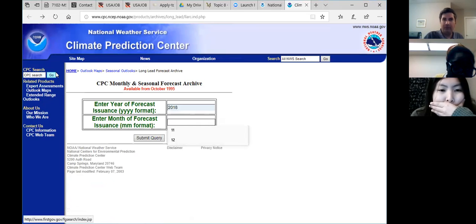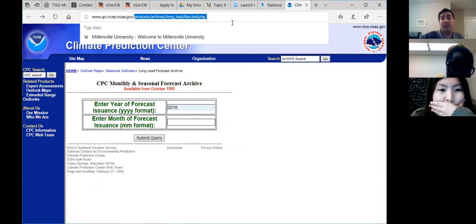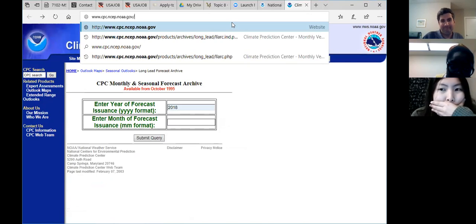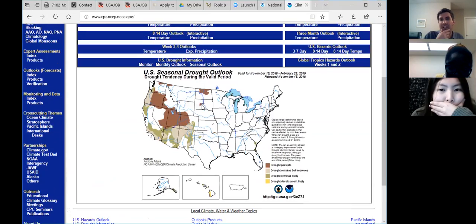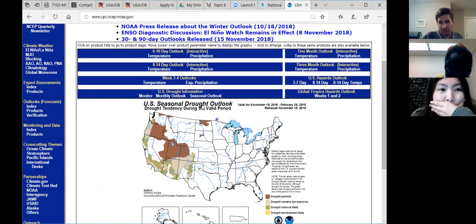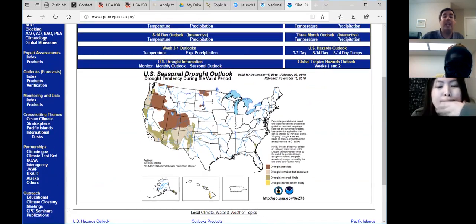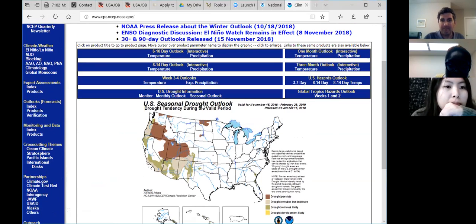So get rid of all the folders there, CPC, NCEP, NOAA.gov, and it'll be the forecast that's on the page right now. Okay. Yep, under 1 month outlook and 3 month outlook temperatures, those should be for December and December, January, February. Nice. So we can also use this for contracts that are happening now.